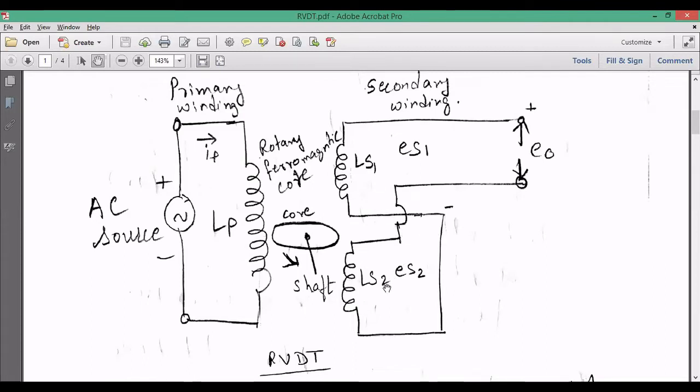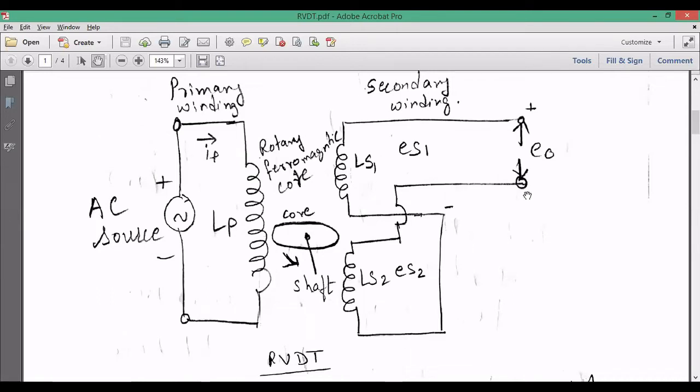The difference of these induced EMFs, where E is equal to minus d phi by dt, we take as the differential output. If the core is at the center, then we get 0 volts, 0 difference. Such an arrangement we will do.